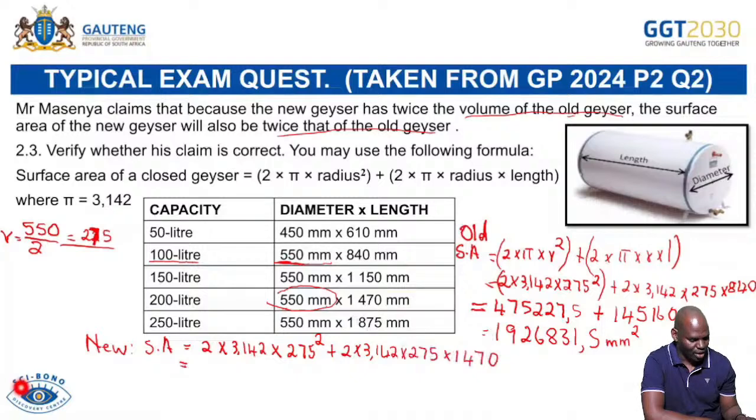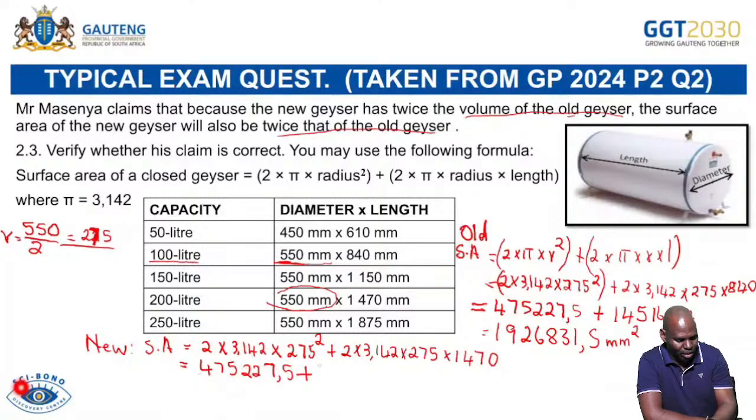So it's 2 times 3.142 times 275 squared, and then I'm still getting the same as the other one, 475,227, and then plus 0.5, and then now plus 2 times 3,142 times 275, and then times 1470, and then this time I'm getting 2,540,307.